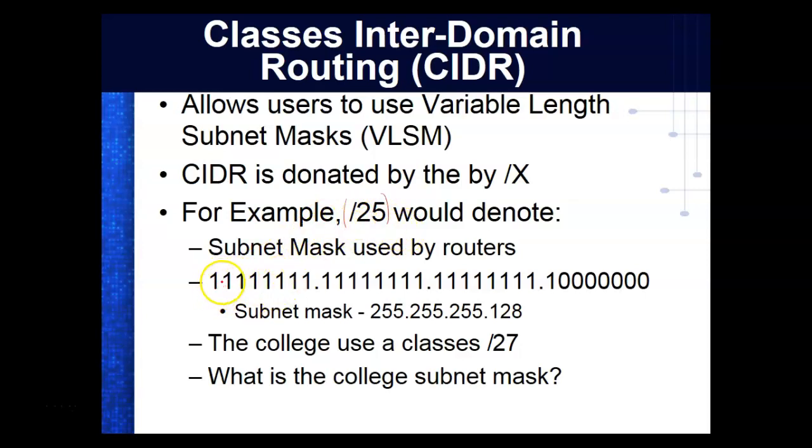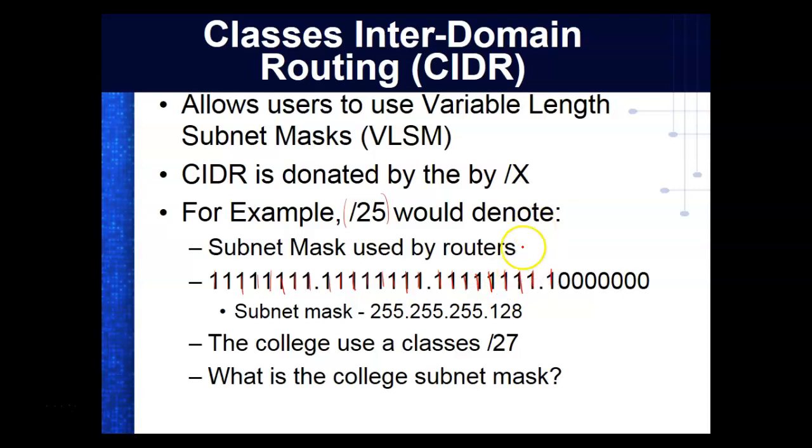So a /25 would tell the router that this would be 1, 2, 3, 4, 5, 6, 7, 8, 9, 10, 11, 12, 13, 14, 15, 16, 17, 18, 19, 20, 21, 22, 23, 24, 25.